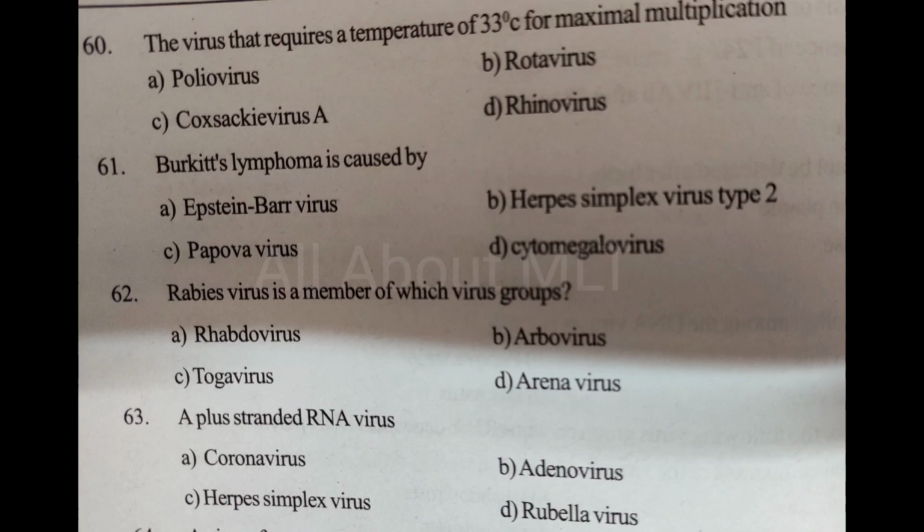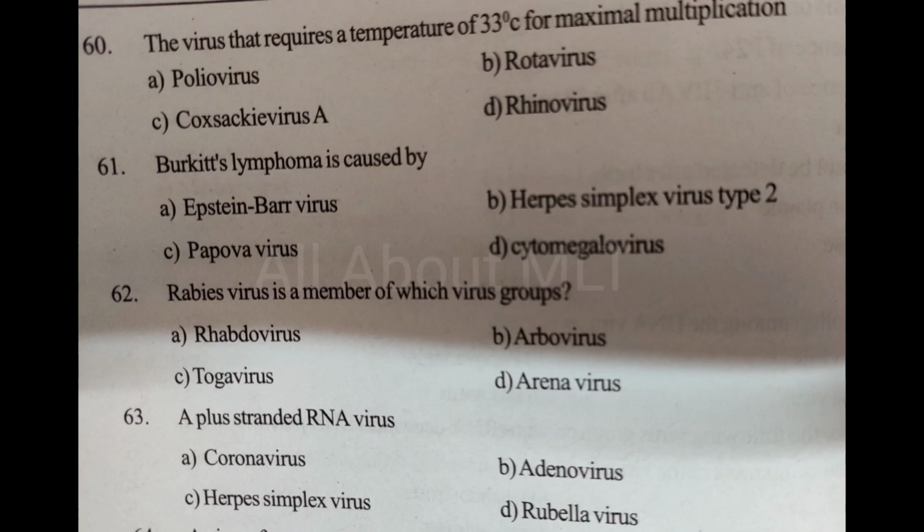Burkitt's lymphoma is caused by option A Epstein-Barr virus, option B herpes simplex virus type 2, option C papovavirus, option D cytomegalovirus. Answer is option A Epstein-Barr virus. Rabies virus is a member of which virus group? Option A rhabdovirus, option B arbovirus, option C togavirus, option D arenavirus. Answer is option A rhabdovirus.